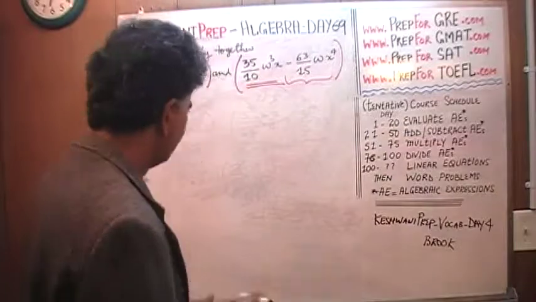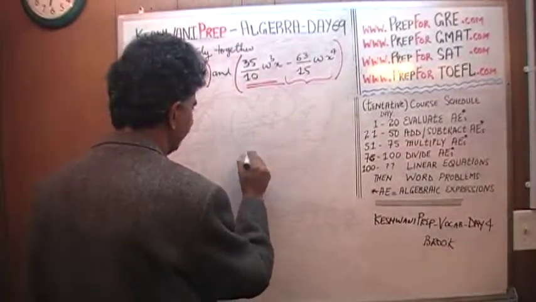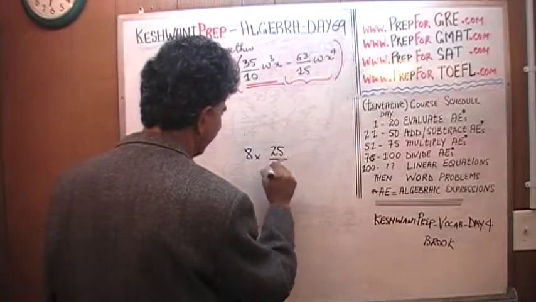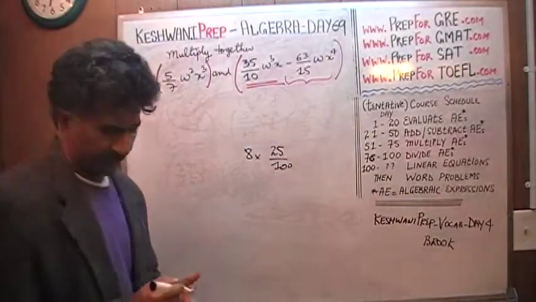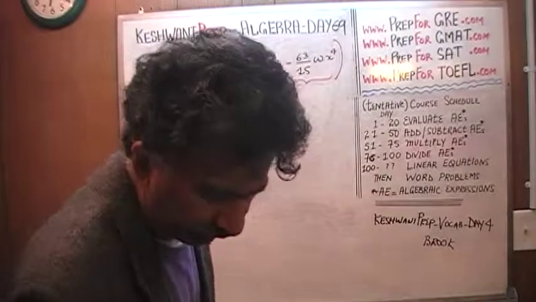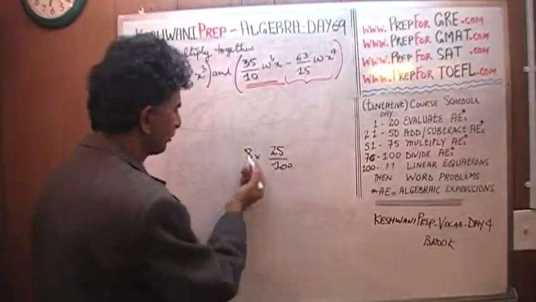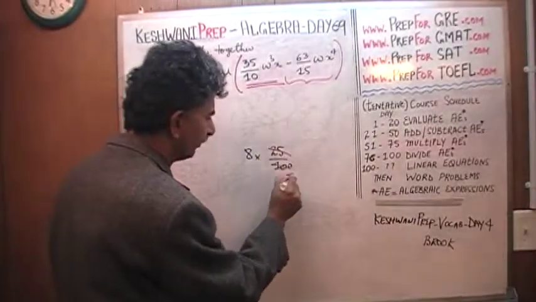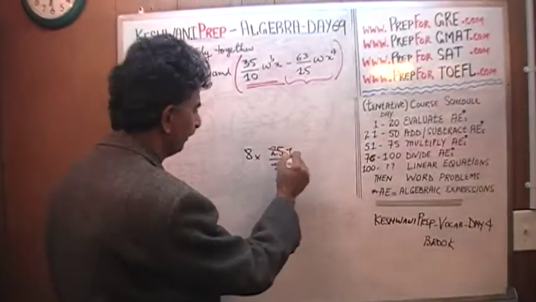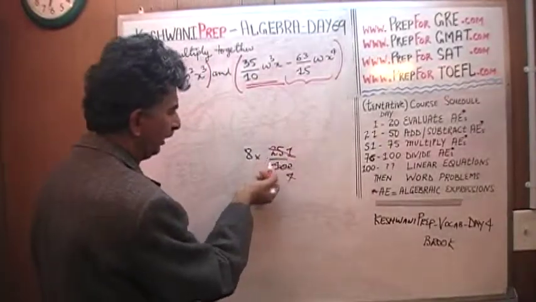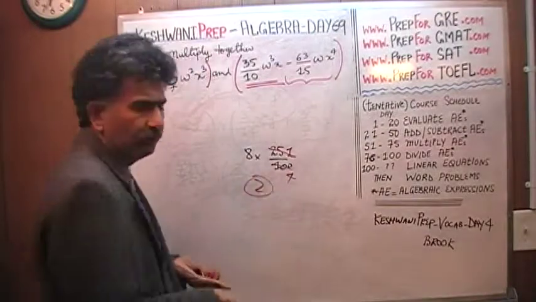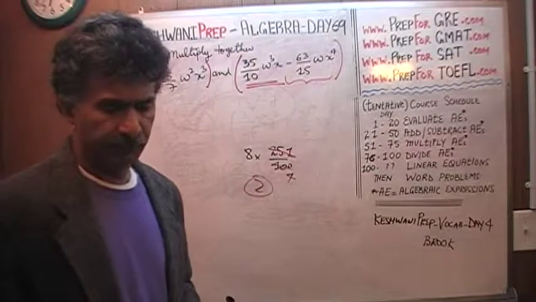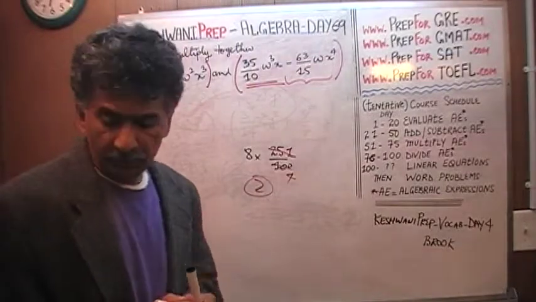For example, if somebody asks you how much is 8 times 25 over 100, why should you waste your time multiplying 8 by 25 and then dividing by 100? Reduce it first. It just says a quarter of 8. A quarter of 8 is 2, that's all. Reduce the fraction right away if you can. It reduces the work.